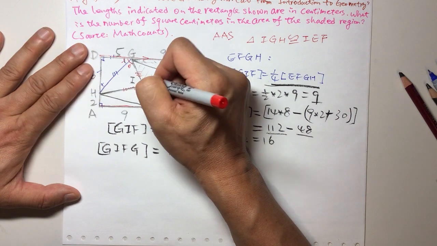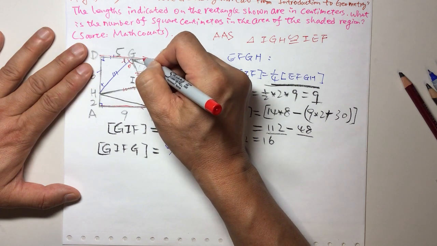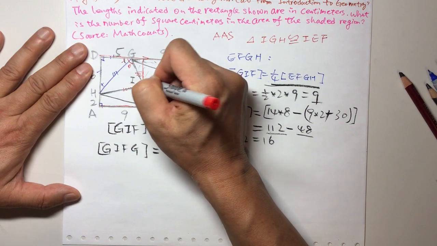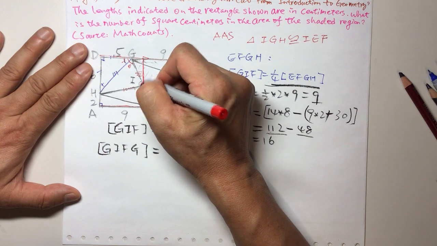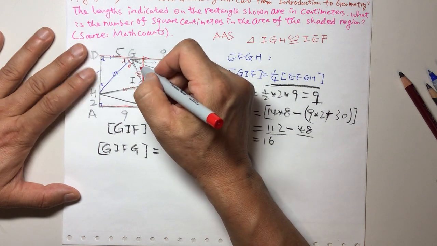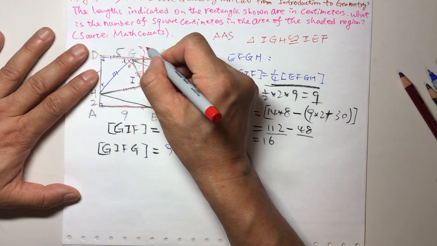So we can go through I. If we know this is the center of this rectangle, now the problem is easy. And from I, right, to IJ, right?